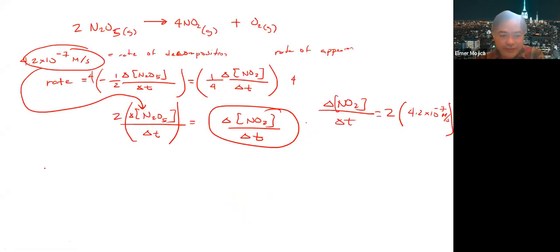Just try, okay? So we have this, right? Now, if I have, let's say a rate here, like this one. So I want to find the corresponding rate in terms of H2 and in terms of NH3.